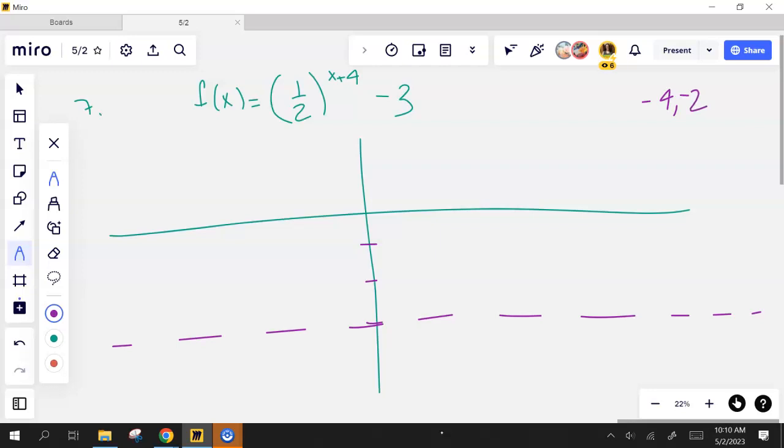-2, h, a plus k. 1, 2, 3, 4, 1, 2. Pick a point.